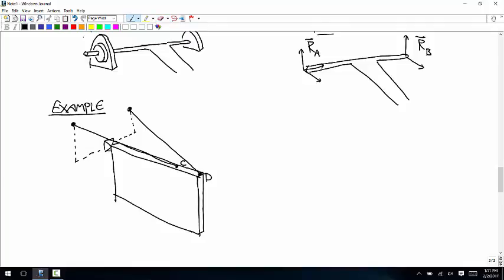Okay, can you follow what that's supposed to look like? And this distance is 2 meters. And this distance is 0.5 meters. The height of the sign is 1.5 meters.